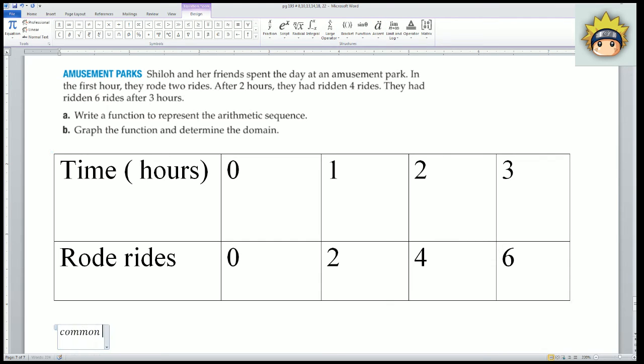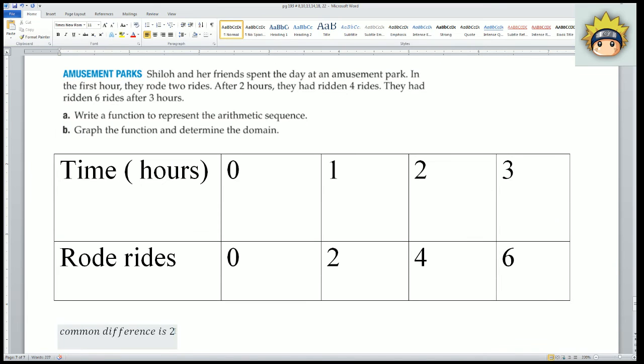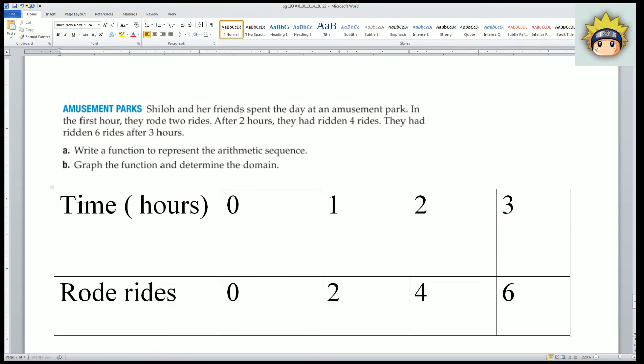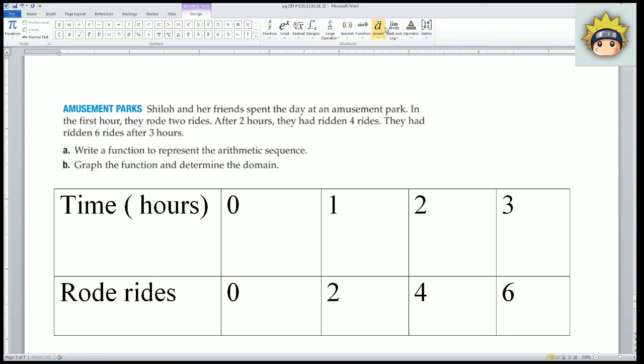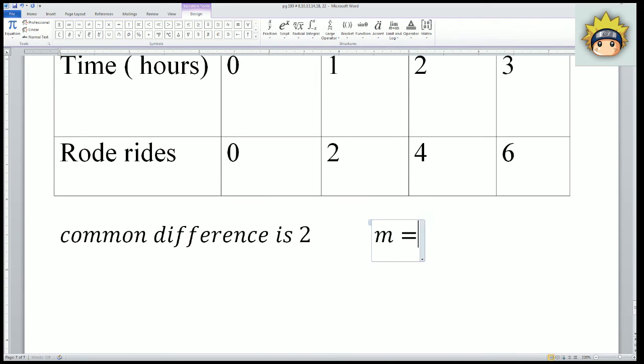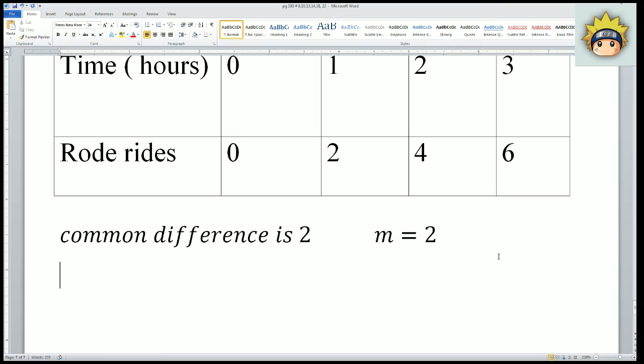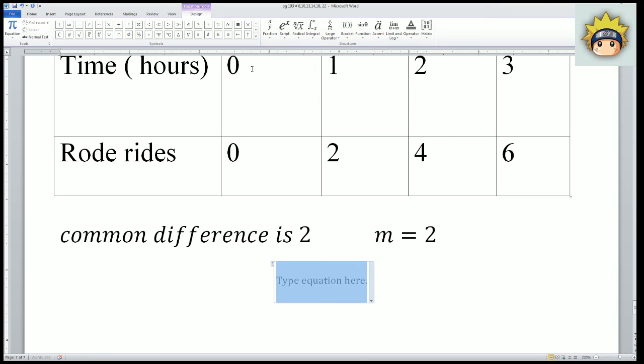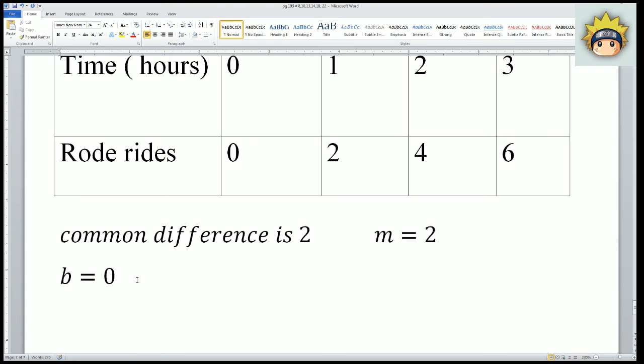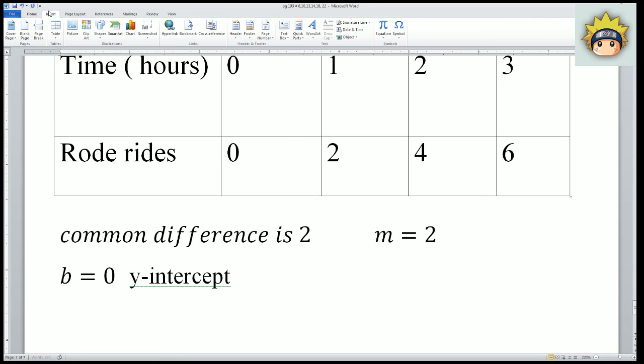The common difference here is 2, which means the slope m is also equal to 2. The y-intercept is 0, 0. So the y-intercept here is 0. Good. Now you just plug into your equation.